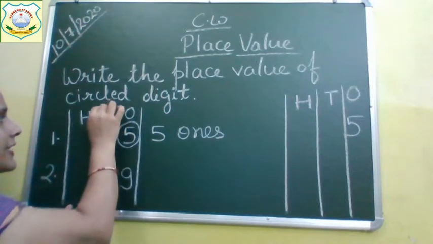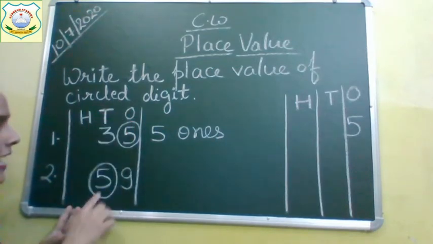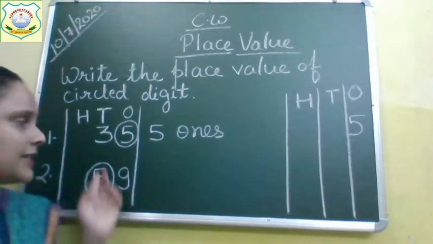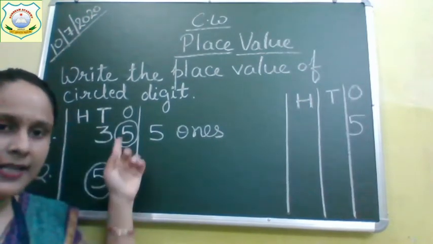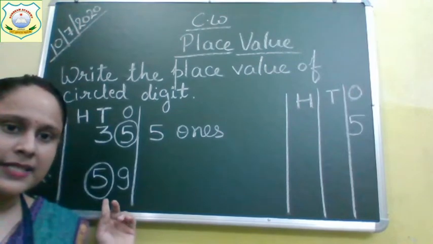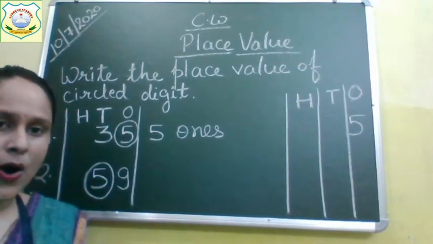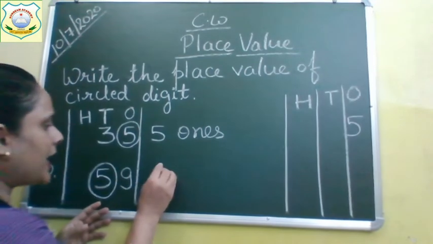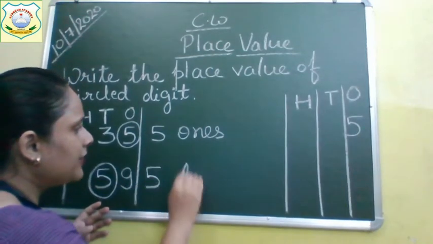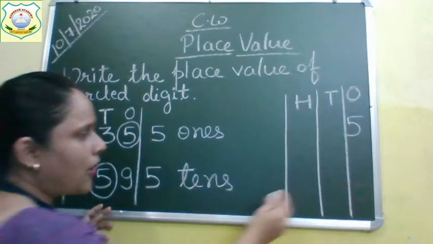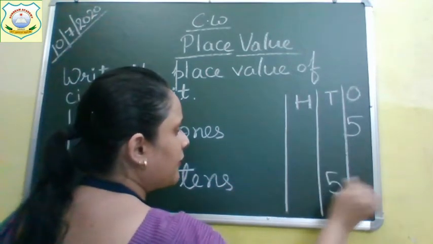You all can see now this is tens place and 5 is in tens place. So when 5 is in tens place, what is the place value of 5? 5 tens or 50. So write down 5 tens or 50.